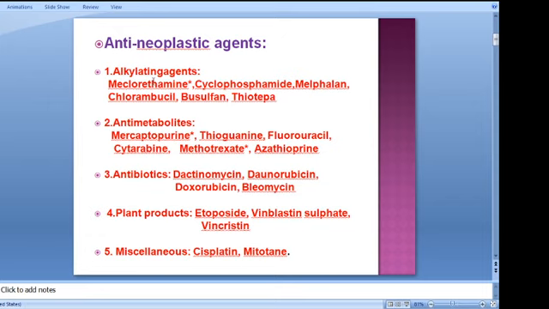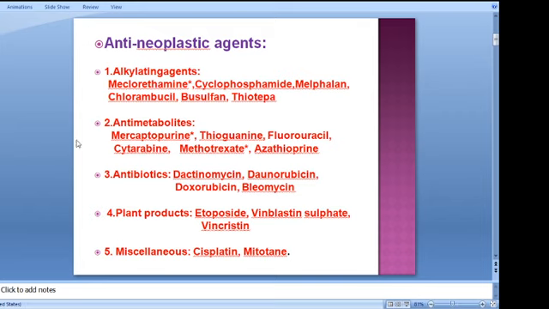Then antibiotics: dactinomycin, daunorubicin, doxorubicin, and bleomycin. Then plant drugs: etoposide, vincristine, and vinblastine. Then miscellaneous: cisplatin and mitotane. So these are all the things we have to cover as per your KUHA syllabus. We have to study the synthesis of mechlorethamine, mercaptopurine, and methotrexate. For the remaining, we have to study the mechanism of action, uses, etc.